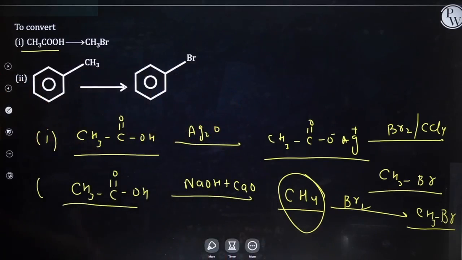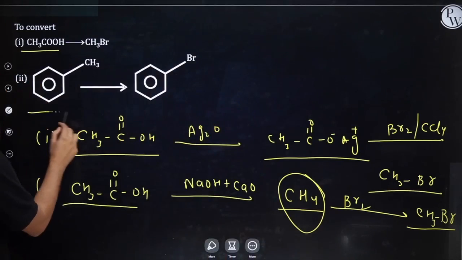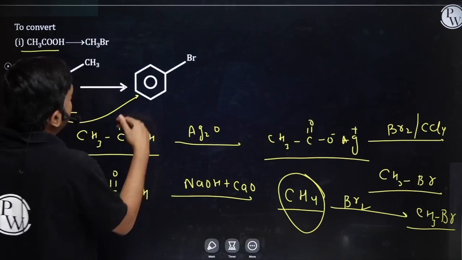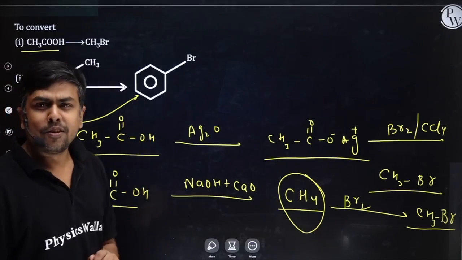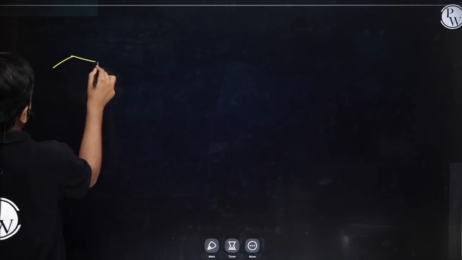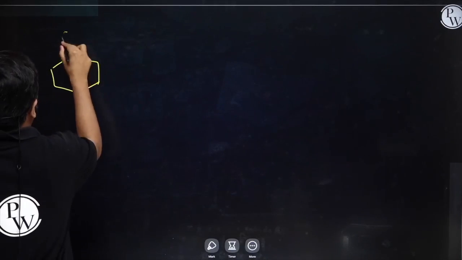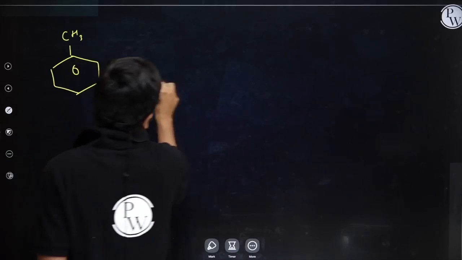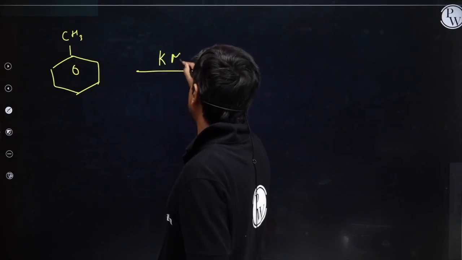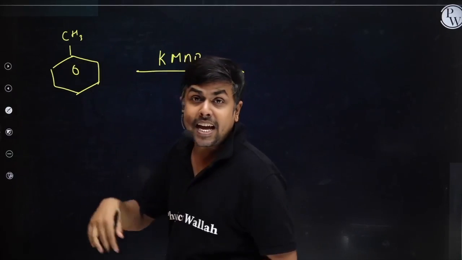We have one more compound, that is toluene, and I need to convert this toluene to bromobenzene. Can you do this particular conversion? Let's try. I'm having PhCH3. If I use hot KMnO4, I'm having benzylic hydrogen.